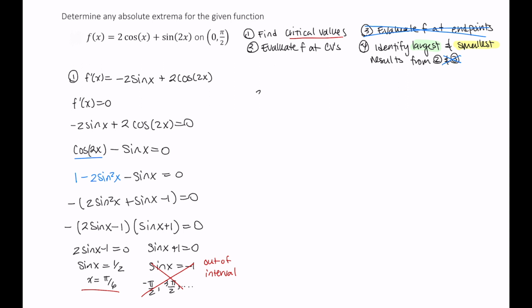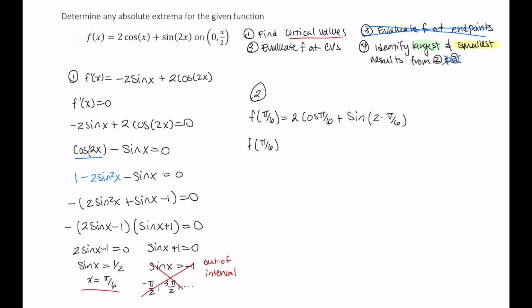Okay, so next let's go ahead and evaluate our function at this critical value. So f of pi over 6 is equal to 2 cosine pi over 6 plus sine of 2 times pi over 6.